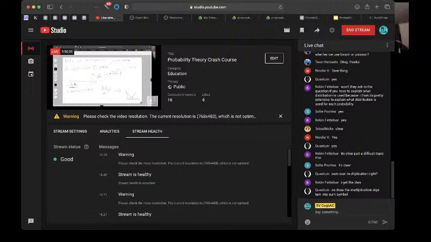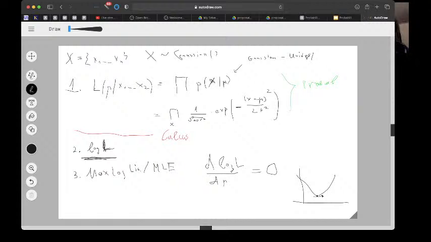Okay, so does the multiplication turn into sum? Yes, it turns into sum. So here we have some fraction, some constant, and then you multiply it. I have the product of this many times over, as much as you have samples.